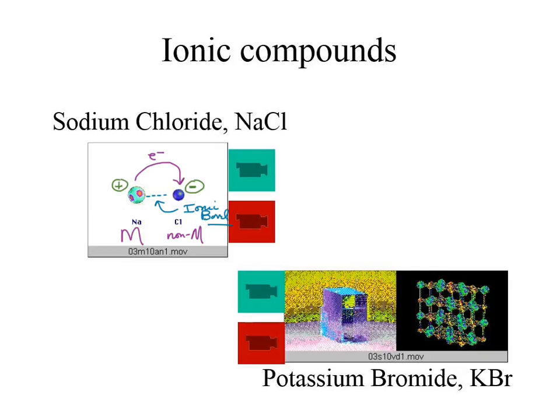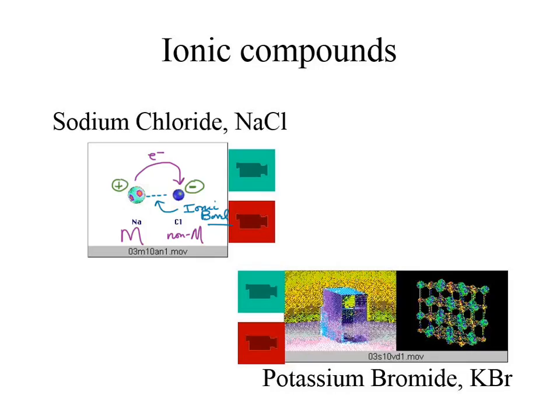So I'm going to add something over here under ionic compounds. What I just described is an electron transfer. So under ionic compound, I'm going to put electron transfer from the metal to the nonmetal. Covalent bonds, they're the strongest type of bonds? No, actually, I think ionic bonds are stronger, yep.